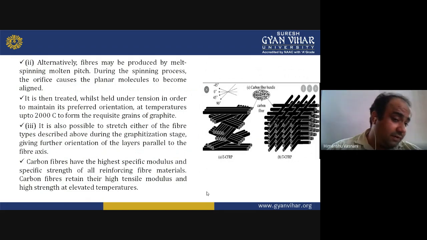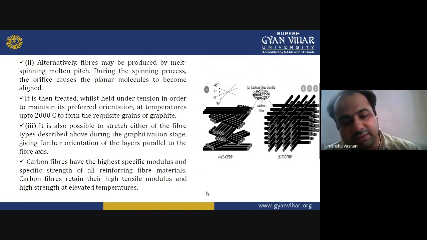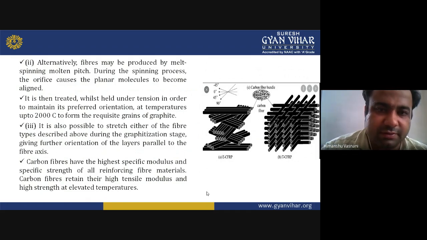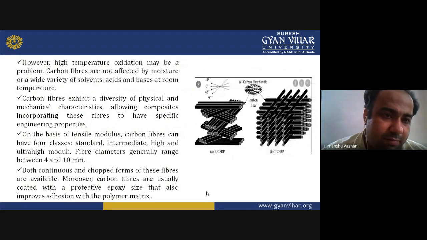The carbon fibers have the highest specific modulus and specific strength of all reinforcing fiber materials. They retain their high tensile modulus and high strength at elevated temperatures. However, high temperature oxidation may be a problem.